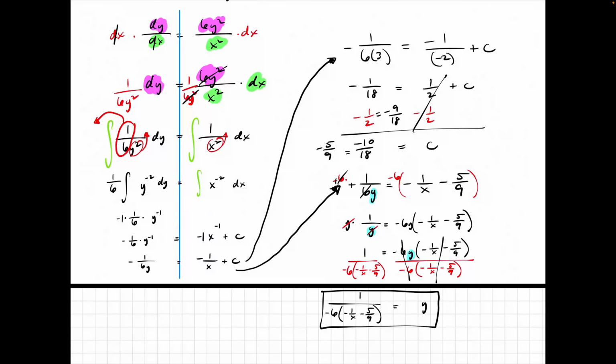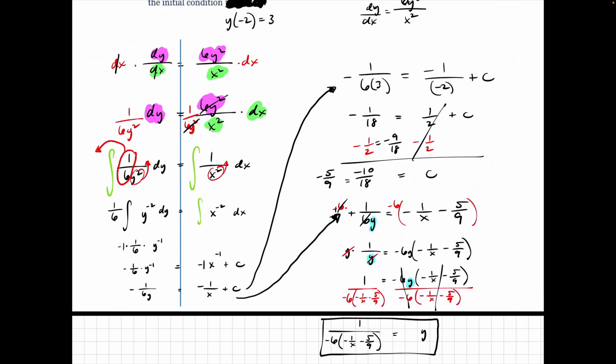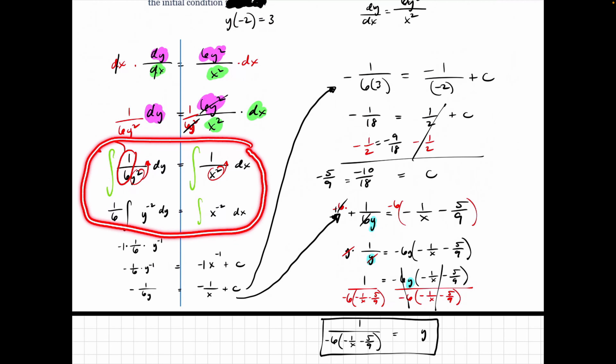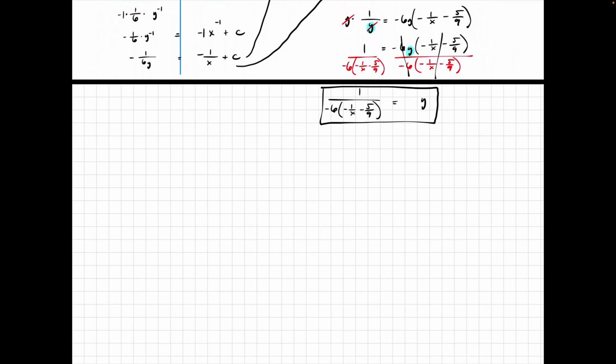It was isolating the variables. That's algebra. You guys did that in Math 1. Plugging in points, you did that in Math 1, Math 2, Math 3. So it wasn't the calculus part. Step 2 is the only part that's calculus. Actually, not even that. This part right here was calculus, because above that we were isolating the dx's and the x's and the y's. That part is the calculus. There's only one of the 4 steps that's calculus. Everything else is one of those other steps.